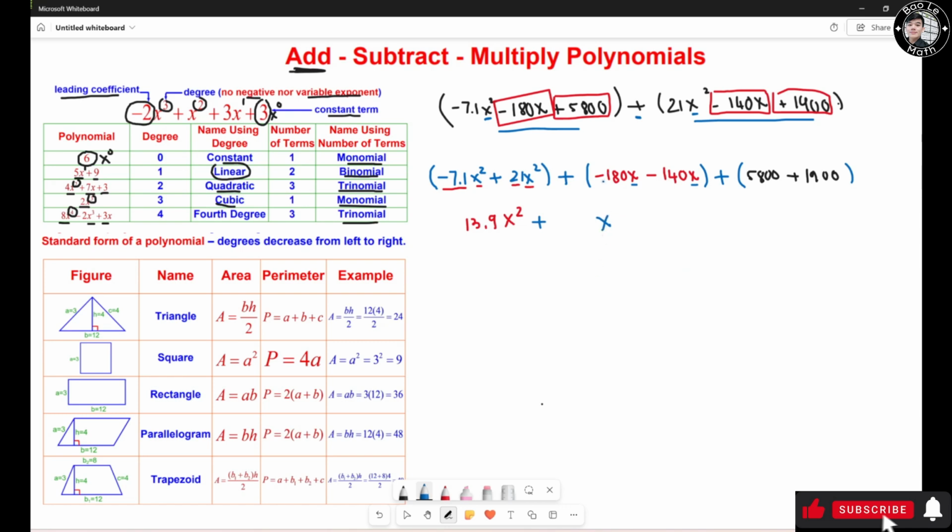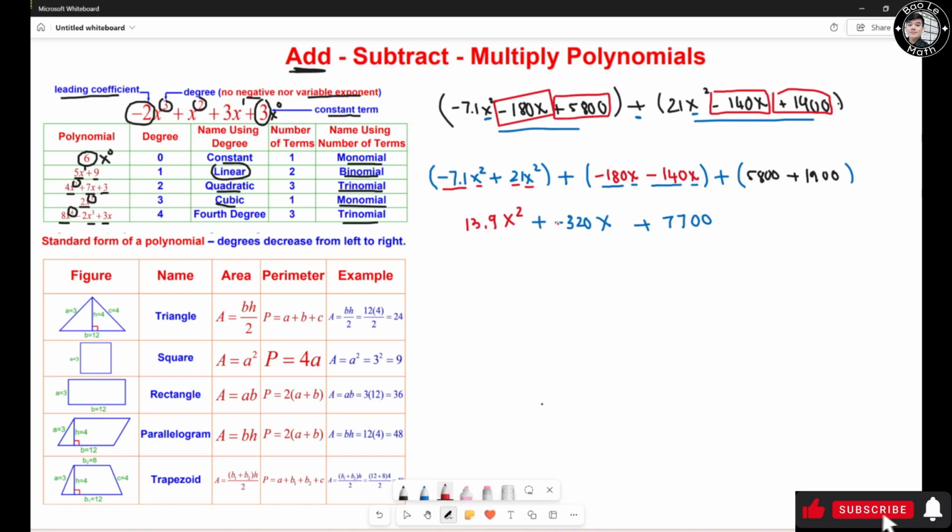Now you just add negative 180 and negative 140. It turns out to be negative 320s. Alright, next one, the plus side right here, you bring this one down. 5800 plus 1900 is going to be 7700, right?